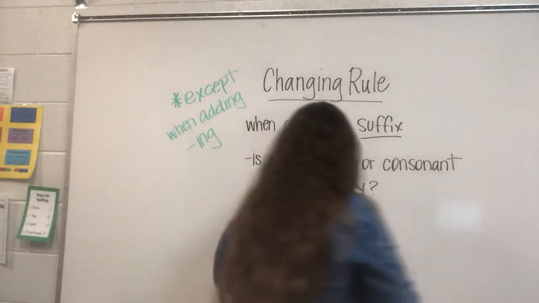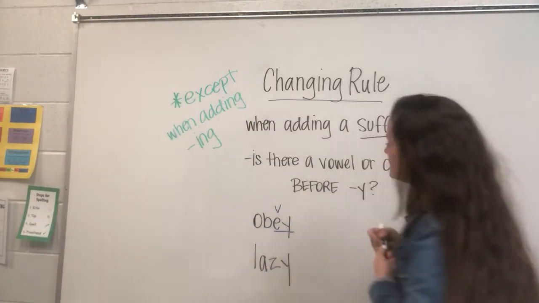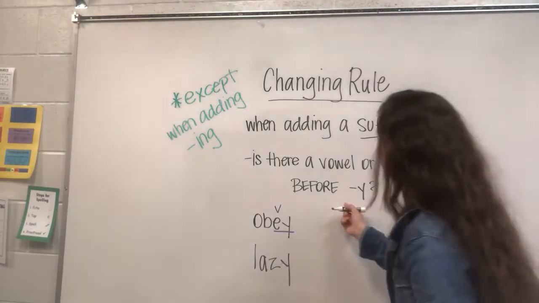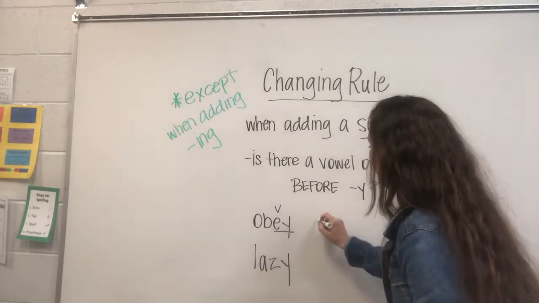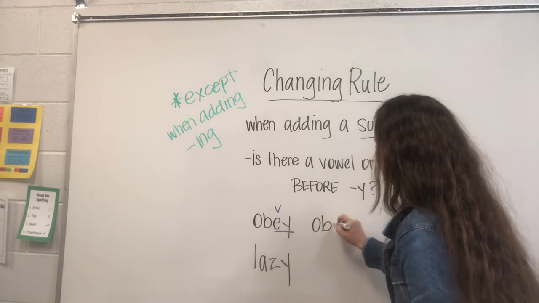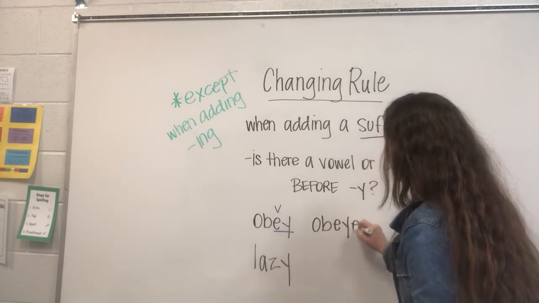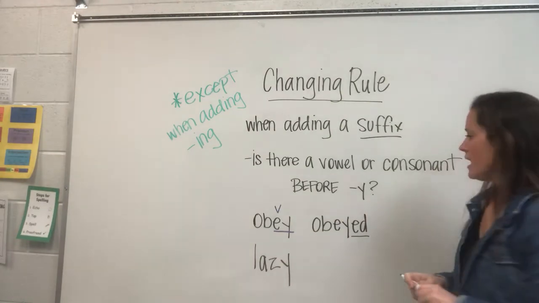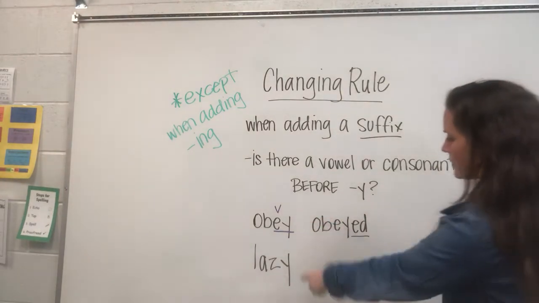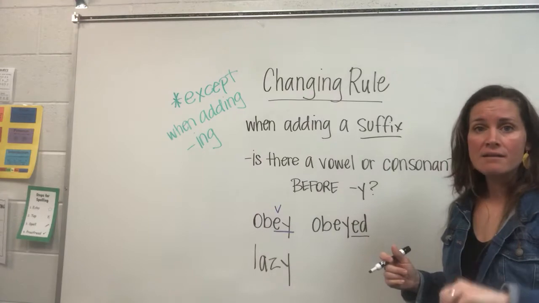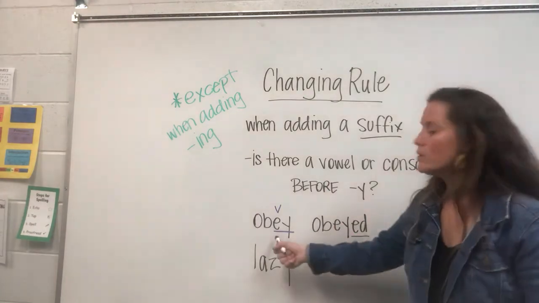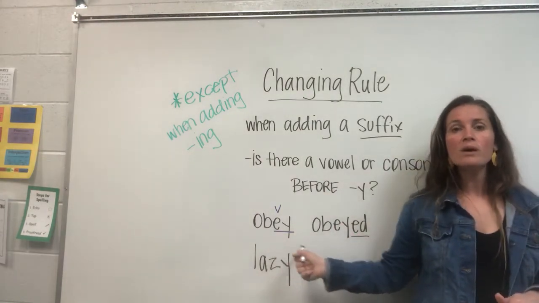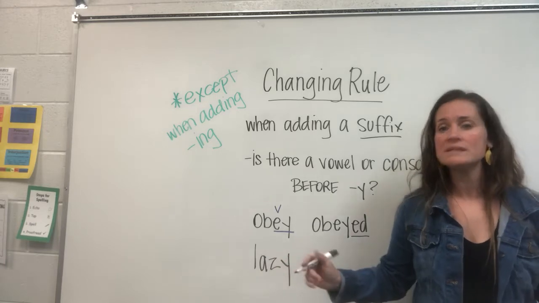So if I were to add suffixes, let's do both a vowel and a consonant suffix. I would have obeyed. Okay, so here's my ED, right? And for this one, we will do a consonant suffix. So when we look at our vowel before our Y, all we're going to do is add our suffix.